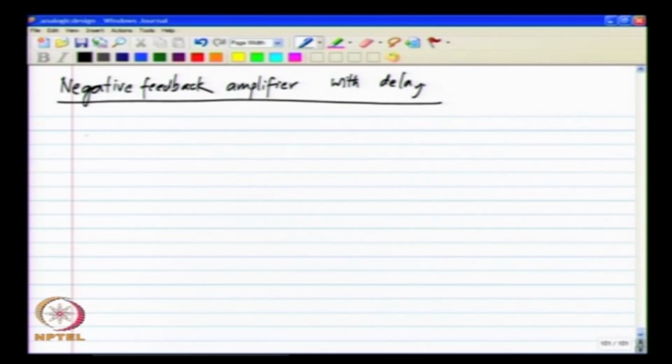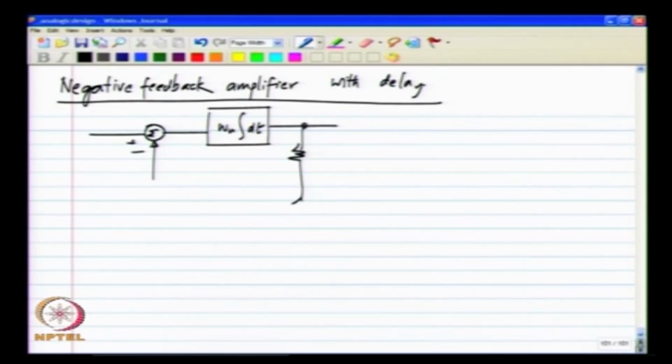So, this is our negative feedback amplifier and it could have a delay Td in the feedback path or anywhere in the system.